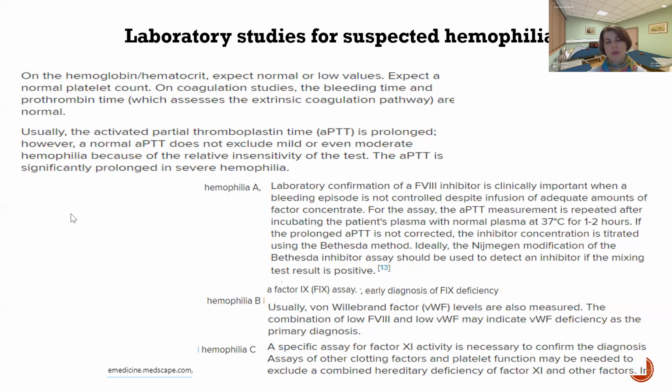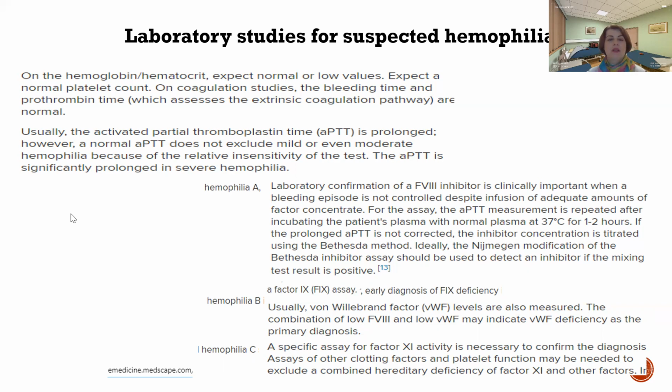For patients with hemophilia A, laboratory confirmation of factor VIII inhibitor is clinically important when a bleeding episode is not controlled despite infusion of adequate amounts of factor concentrate. For this, the activated partial thromboplastin time measurement is repeated after incubating the patient's plasma with normal plasma at 37 degrees Celsius for 1 or 2 hours.